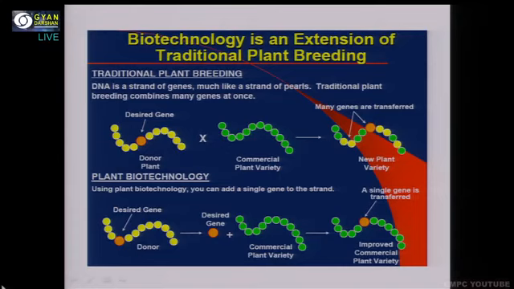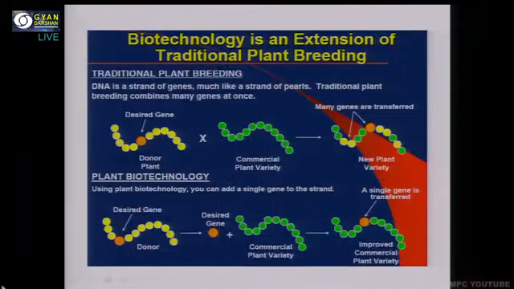But the problem with this technology is that here, instead of just adding one particular gene, you are getting gene clusters. You have the transfer of a cluster of genes rather than one specific gene. On the contrary, if you go for genetic engineering or biotechnology, then you can precisely select one gene, which is your target gene, and incorporate it into the recipient plant.